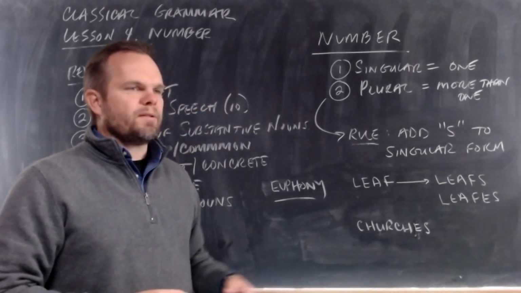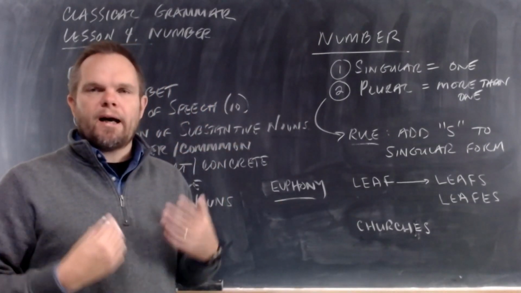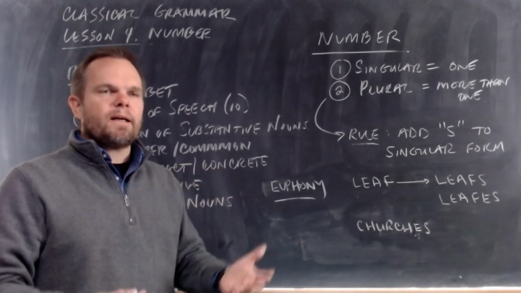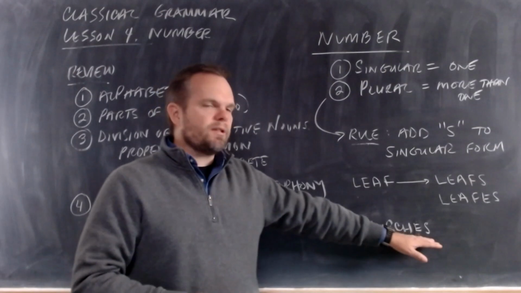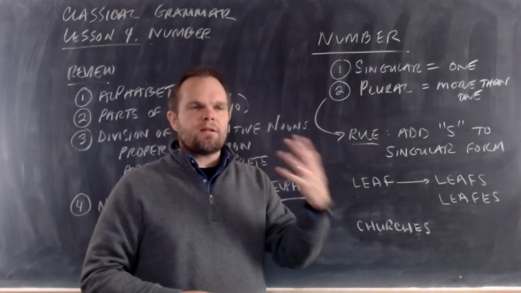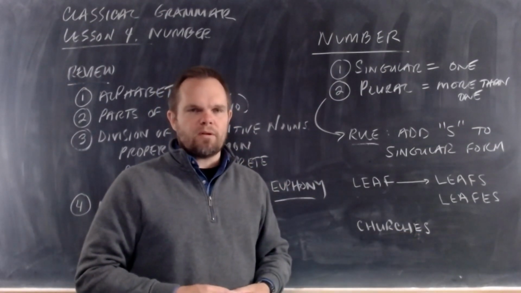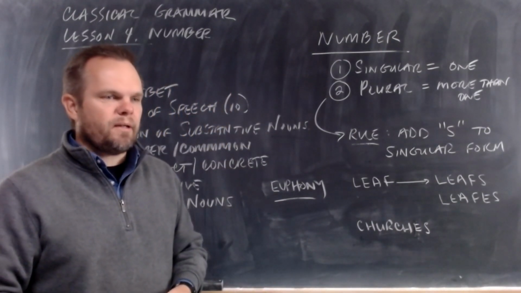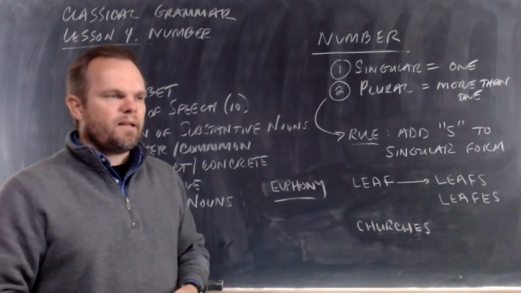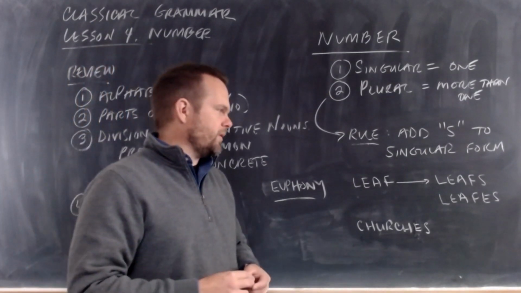There are reasons that have to do with euphony, how the language sounds, how the language is pronounced. We make these changes in our language so that we can clearly pronounce these words. Otherwise the words would get sloppy and we wouldn't pronounce things clearly and the language would be harder to understand.